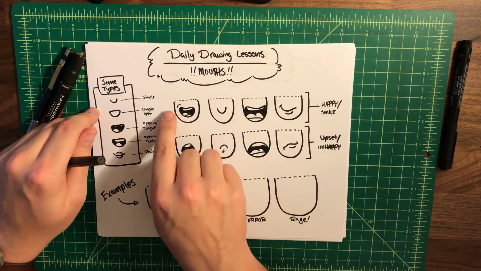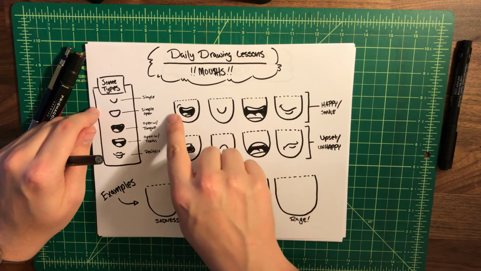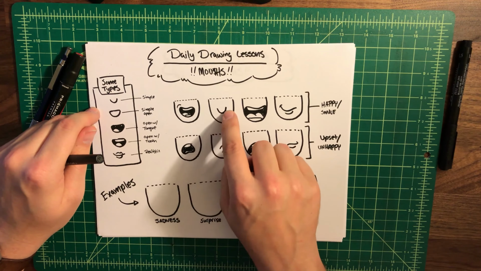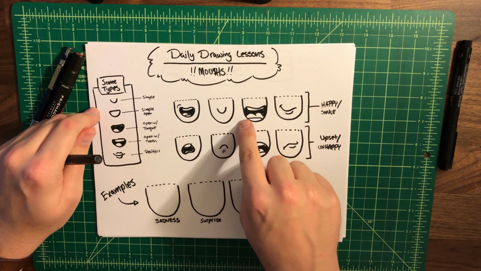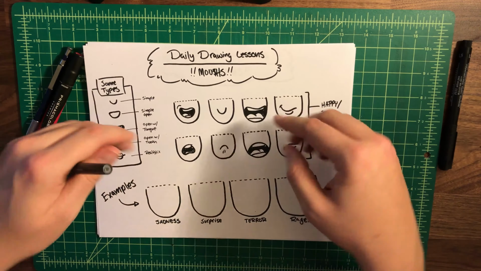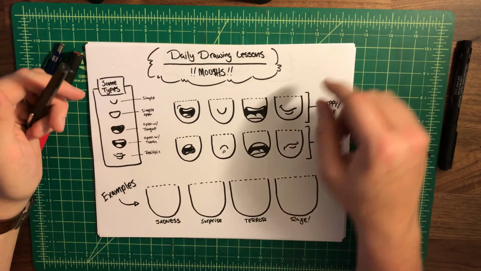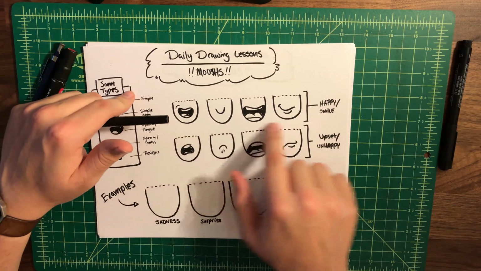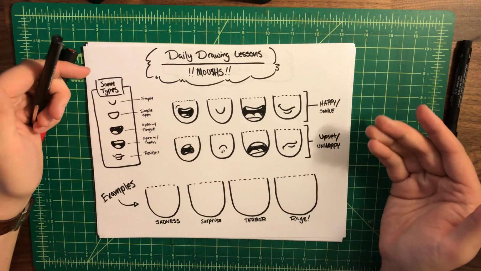You even have a little wrinkle here to show that the mouth is pushing upward. You have the simple smile right here. Then you have this one taking up the entire bottom part of the mouth, really trying to exaggerate, maybe this person's laughing. And then you just have a little smirk here. And all four of these represent a happy smile type of mouth.